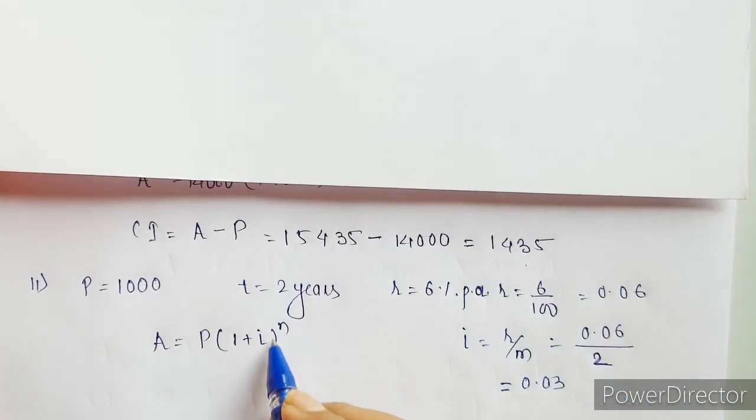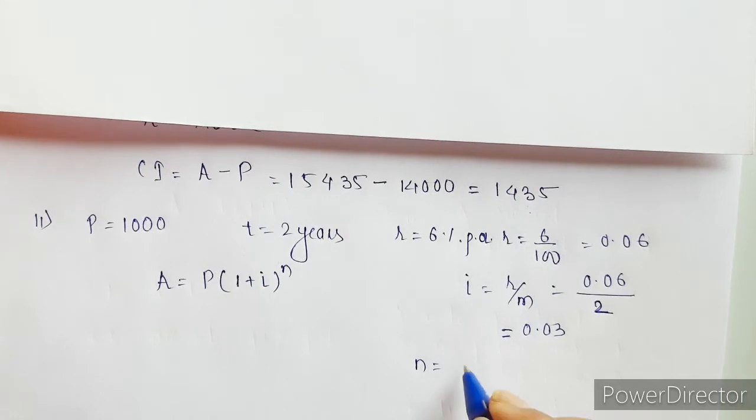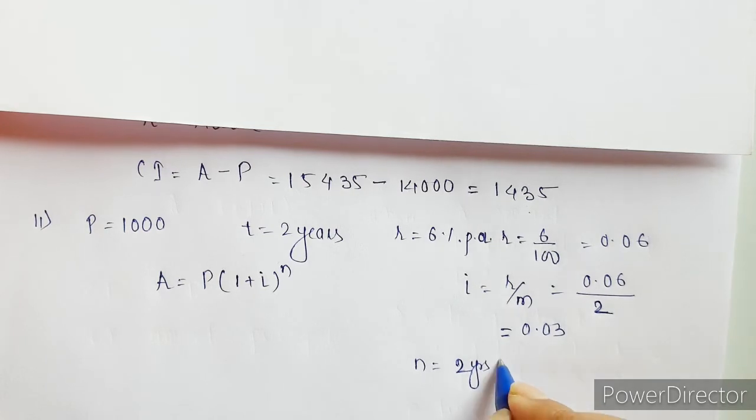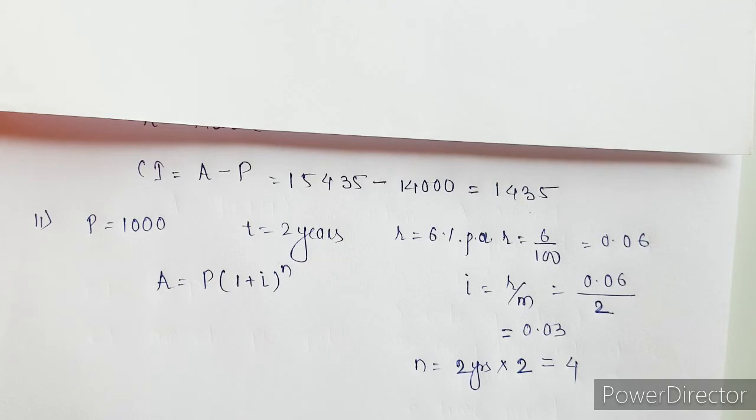Then, the number of times it is compounded. We are compounding it for 2 years, but in these 2 years it will be compounded 4 times, twice in a year, after every 6 months. So altogether it is compounded 4 times.